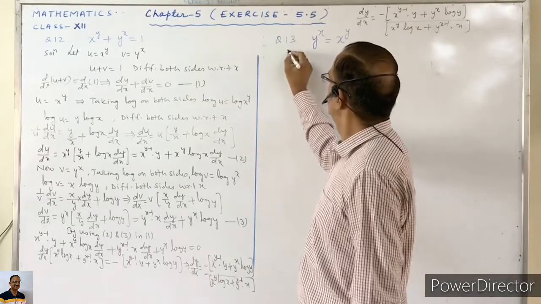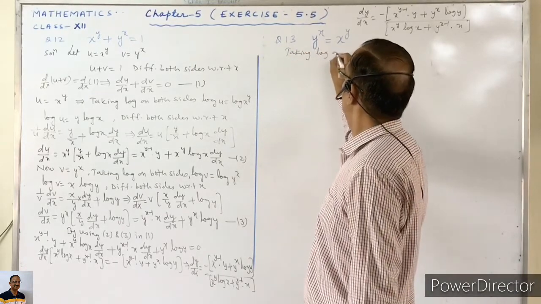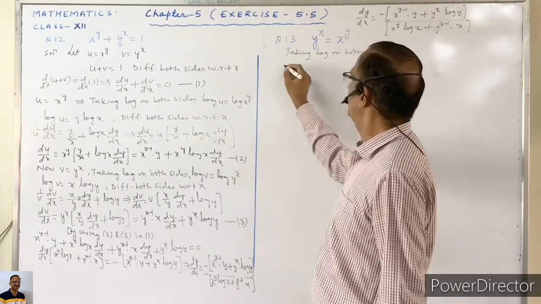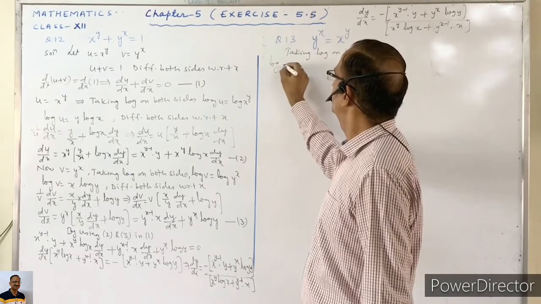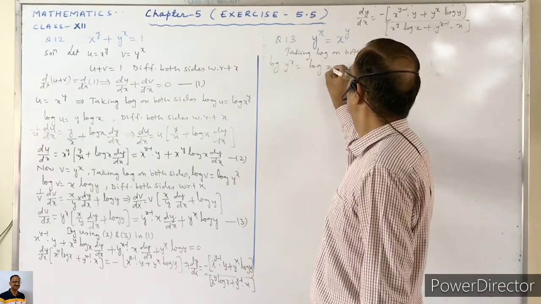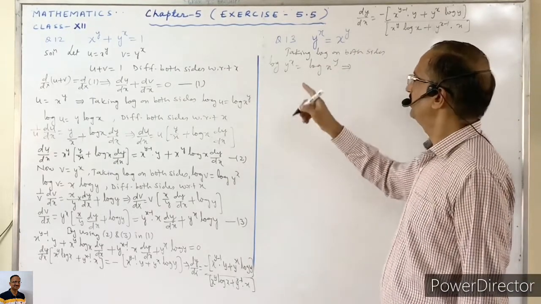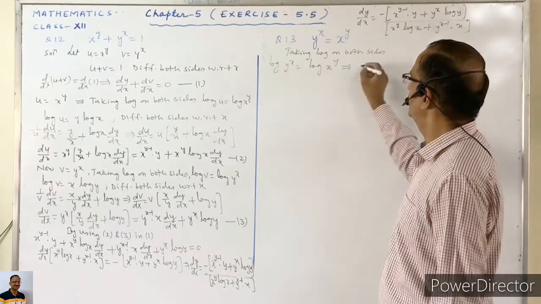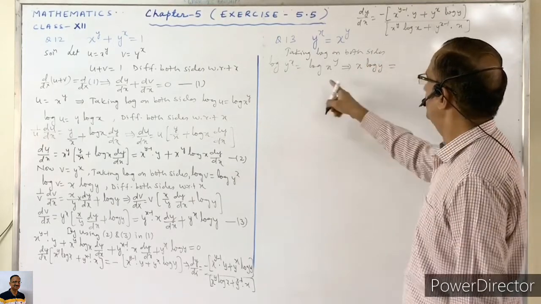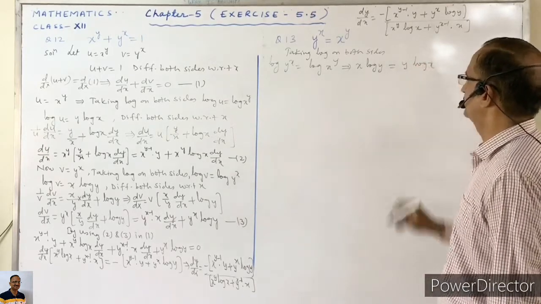So taking log on both sides, then we will get log y raised to power x equals to log x raised to power y. This implies that by the property of logarithm, this can be written as x log y and the right hand side can be written as y log x.